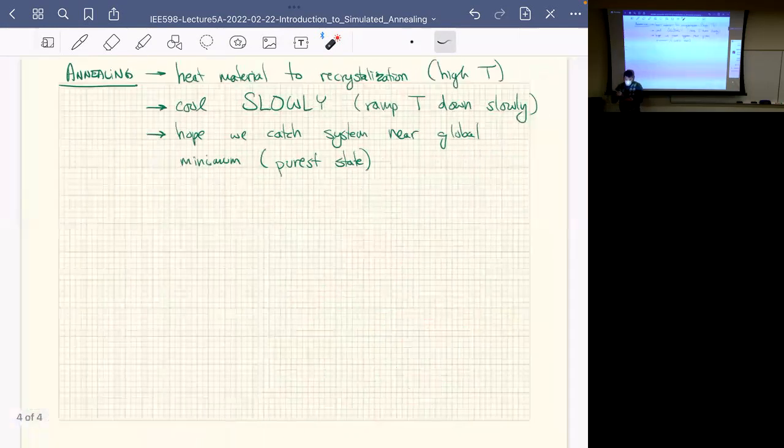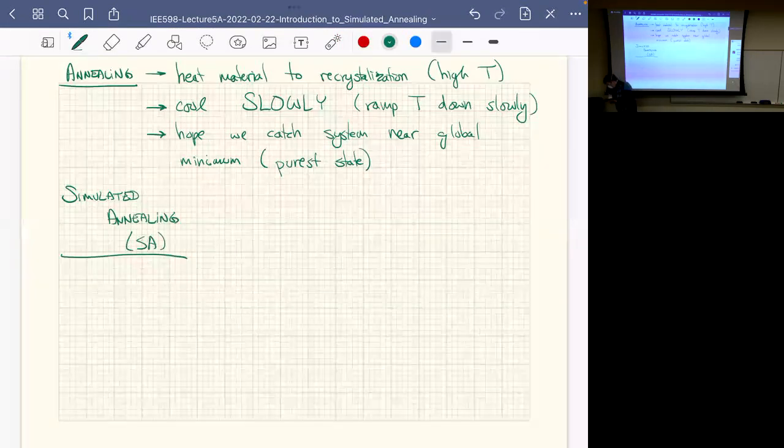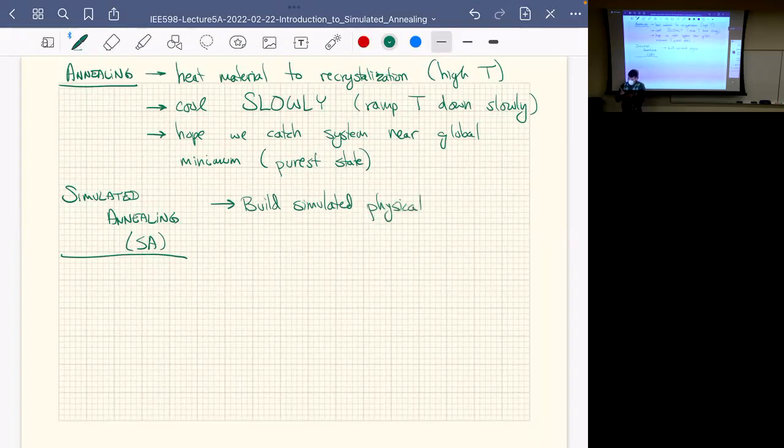And so the idea behind simulated annealing is to do the same. And so the idea here is we build a simulated physical process where the microstate is equal to the candidate configurations.